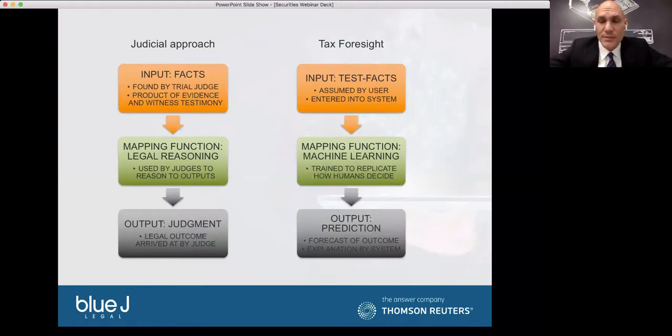The trial judge has the benefit of listening to all the testimony of the witnesses, looking at all the documents, assessing the probity, the honesty of the witnesses, assessing the quality of the documentation, how legit they feel those documents are, and they come up with a narrative of what actually happened. So this is what we're describing on the left-hand side as the facts. So the judge finds the facts.